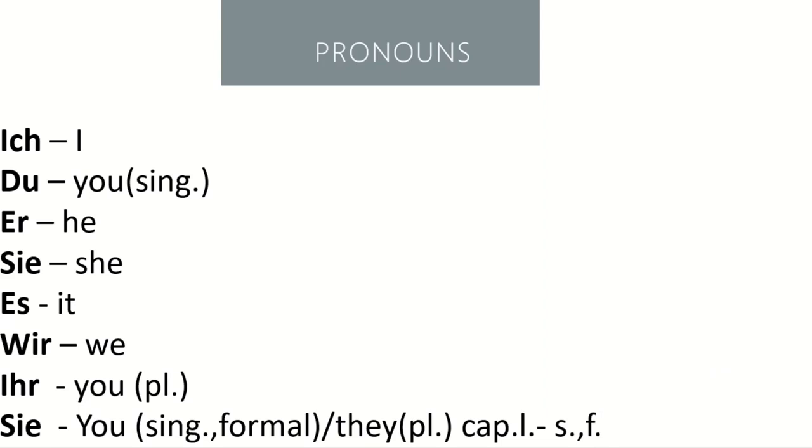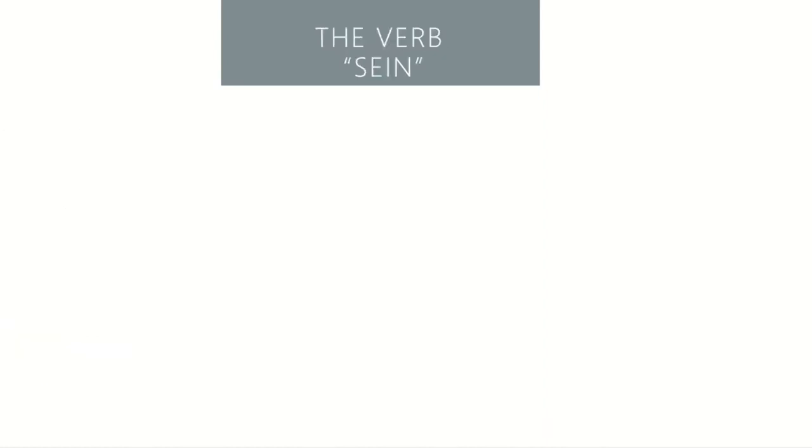Now, let's repeat this part and talk about the verb sein. Ich, du, er, sie, es, wir, ihr, sie. The verb sein means to be. Ich bin. I am.